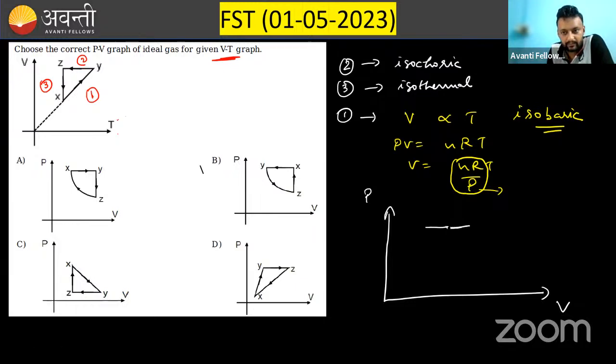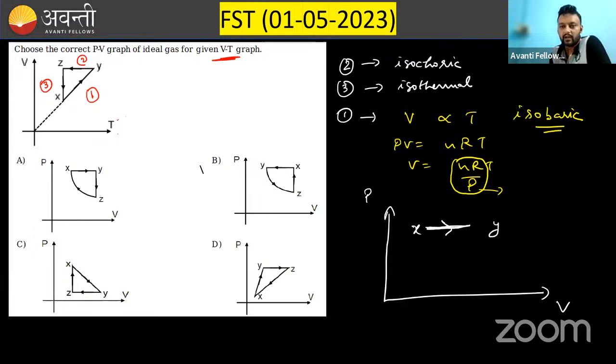This is some isobaric process. Clear? And in process 1, volume was increasing. So that can be written like this. And this is our X, this is our Y.